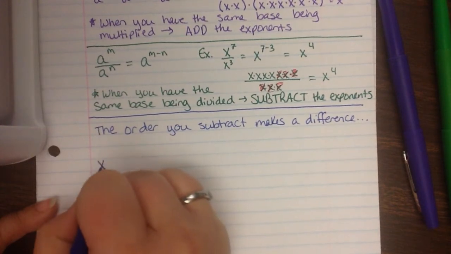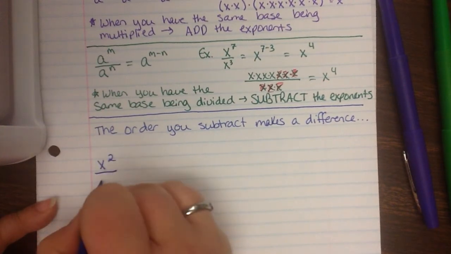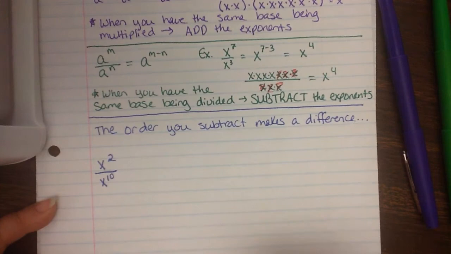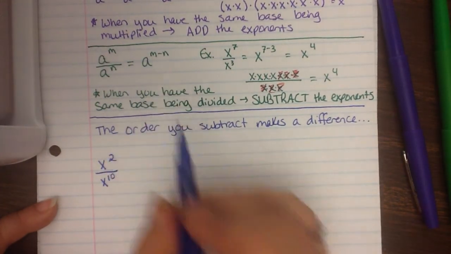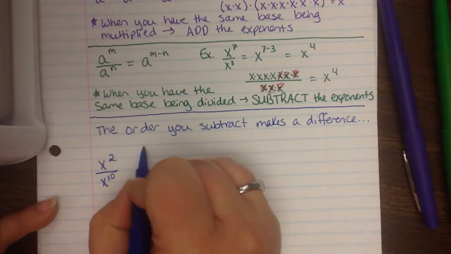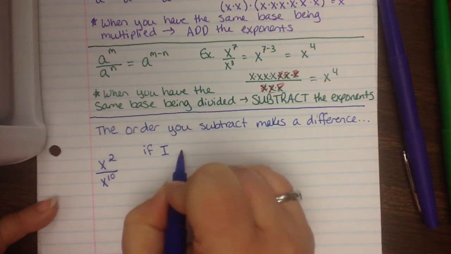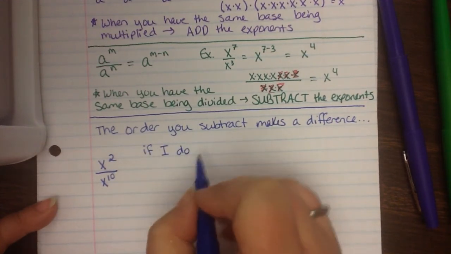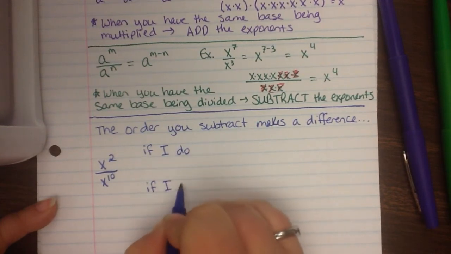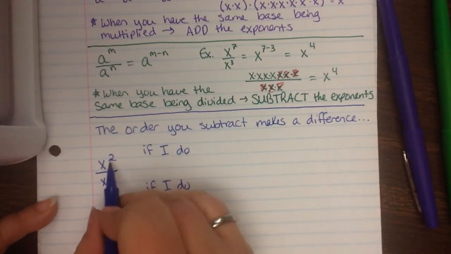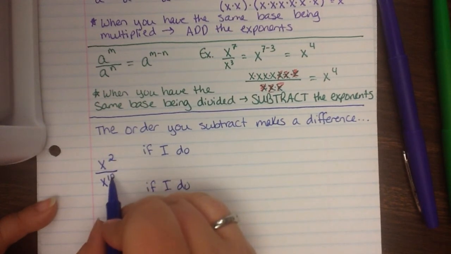So if I have x squared divided by x to the 10th, okay, so if I just follow my rule, then I would get a negative number, right? Because 2 minus 10 would be a negative number.